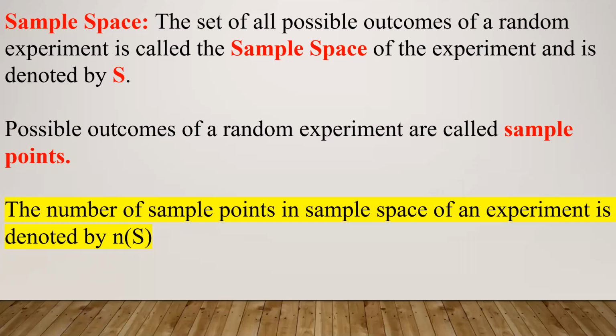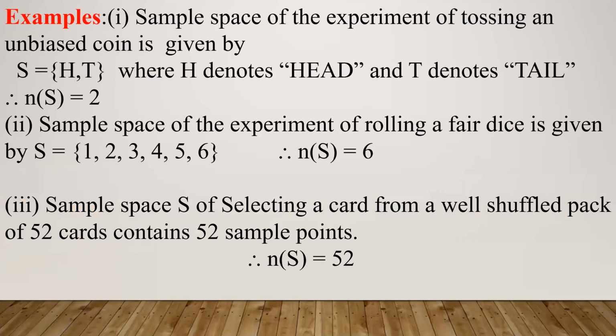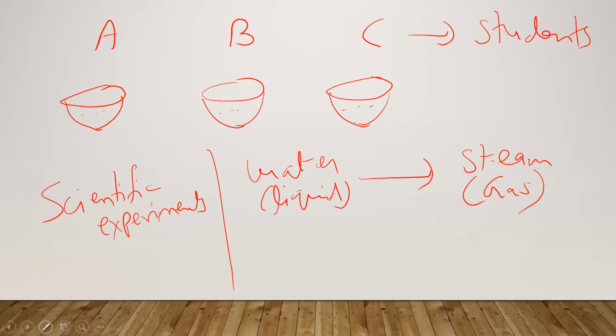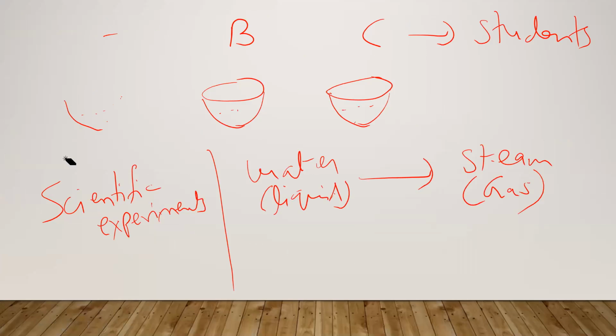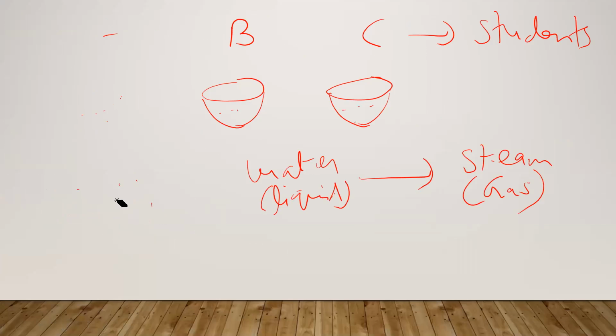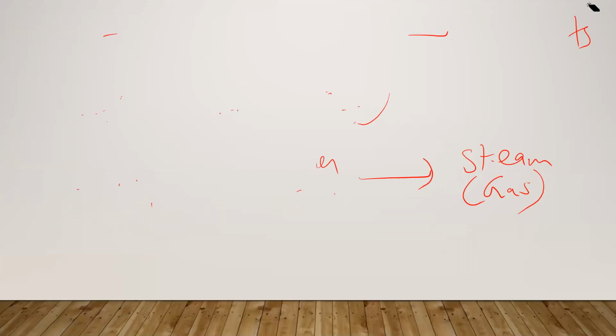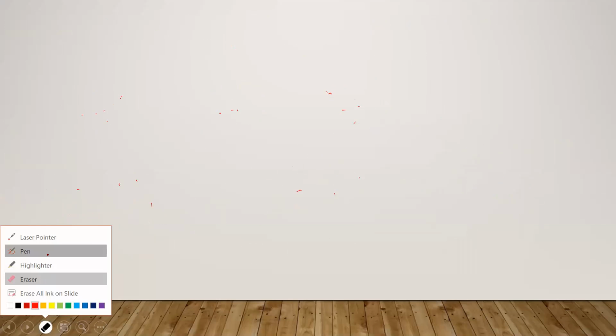Let me explain this with the help of an example. As I told you, let us take the very first simple example of tossing a coin. So this is a random experiment because its result is not fixed. The first example we will take is the experiment of tossing a coin.